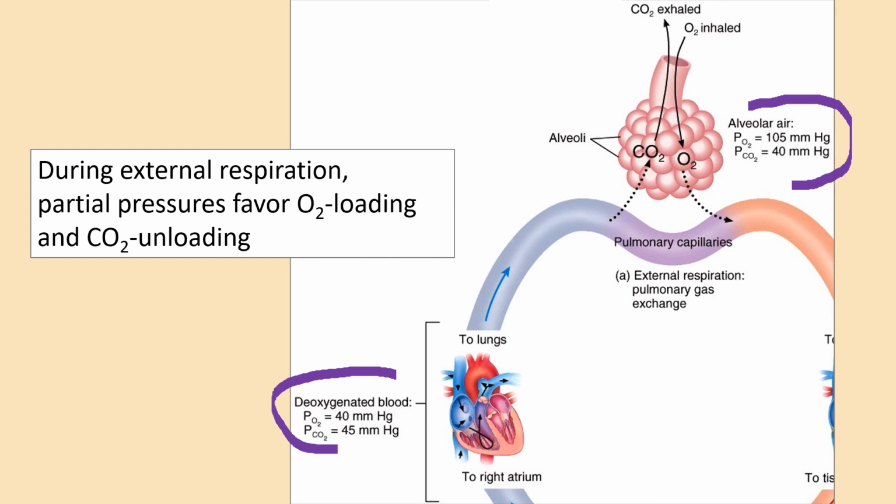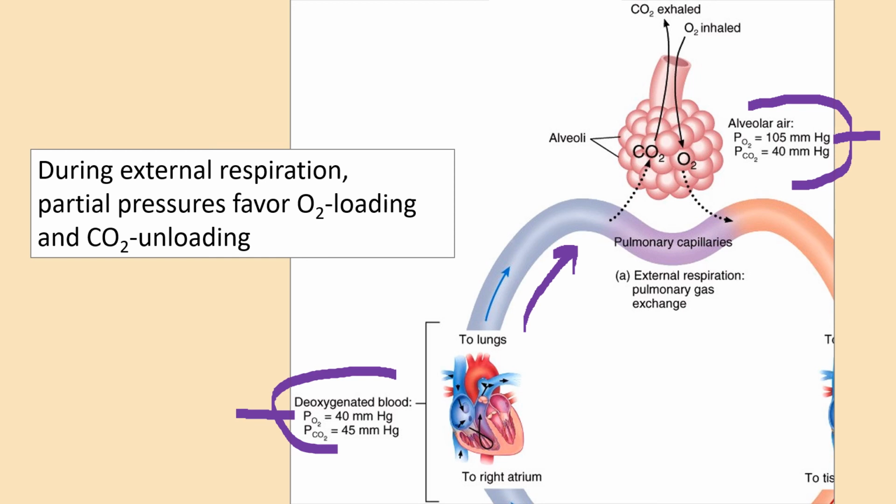So let's take oxygen. We have oxygen-poor blood that's passing through a pulmonary capillary. And the partial pressure of oxygen in that oxygen-poor blood is 40 millimeters of mercury. And remember that pulmonary capillary is directly on the exterior surface of the alveolus. And so on the other side of the respiratory membrane is alveolar air, and the partial pressure of oxygen in alveolar air is 105 millimeters of mercury.